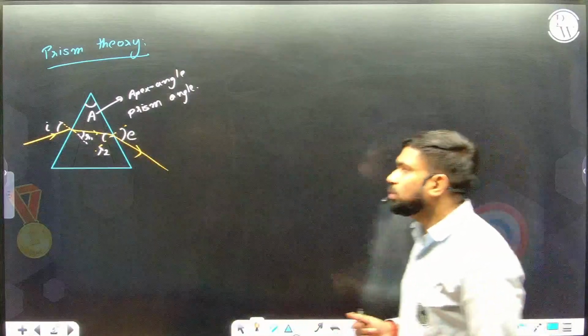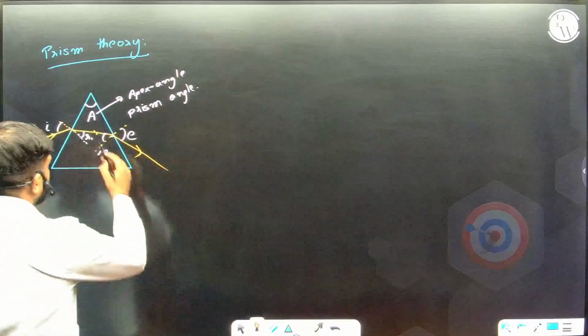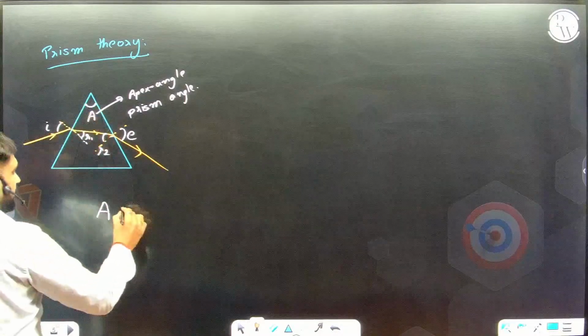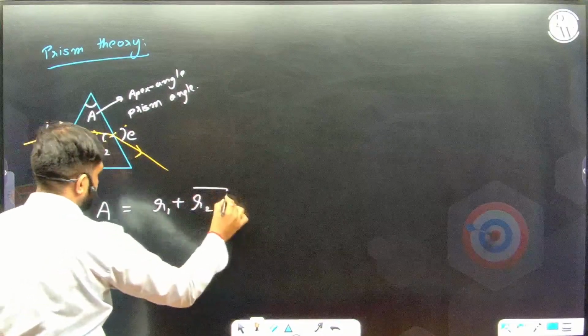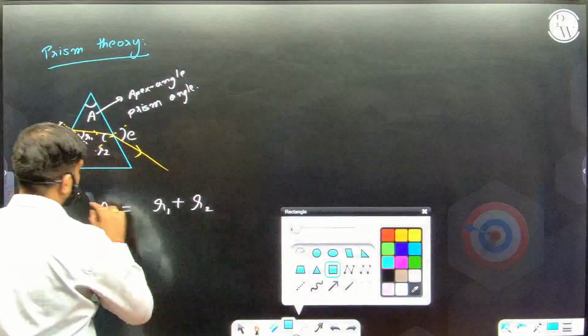So this is how we need to relate these angles. The first one you need to check is this: angle of prism, angle of refraction R1 and angle of refraction R2. This is our first relation.